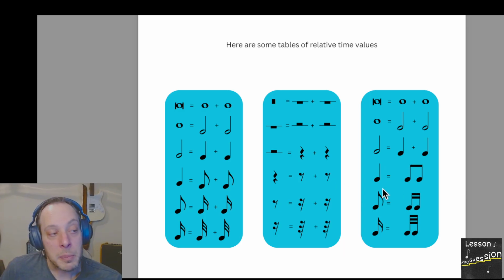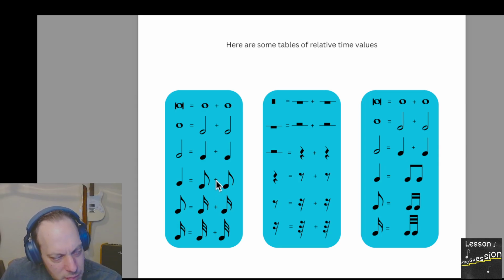One thing I do want to explain here is that when you get an 8th note and it's one flag like that, and then this one over here, I put the plus sign because it's more of a chart and we're just adding things up here. But in reality, I should have written it like this.